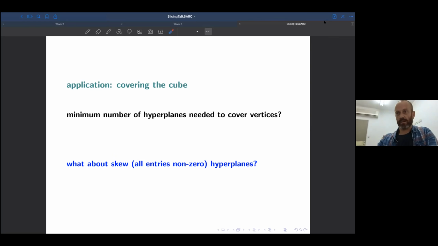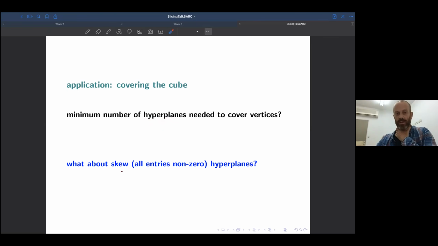And a natural question to ask is how many hyperplanes are needed to cover all vertices of the hypercube? Now, the answer to this question is just 2. Two hyperplanes suffice to cover all vertices. The hyperplane x1 equal to -1 and the hyperplane x1 equal to 1 cover all vertices. So this question is not so interesting.